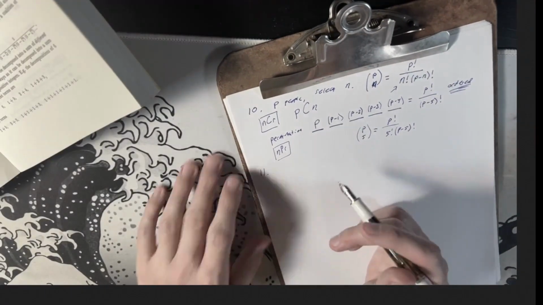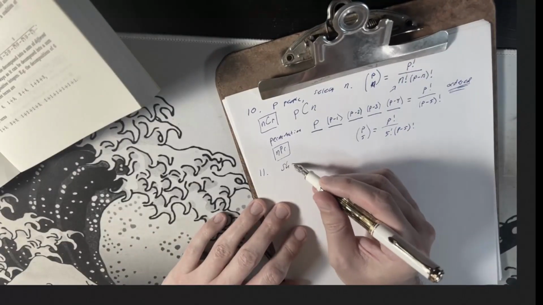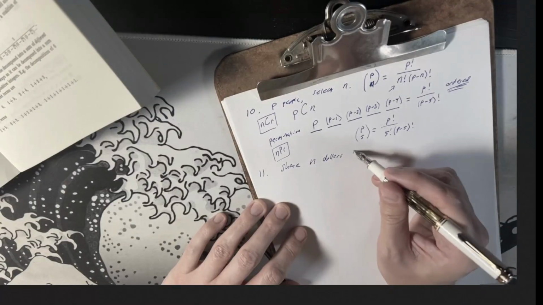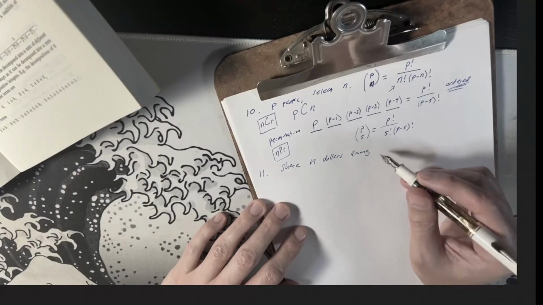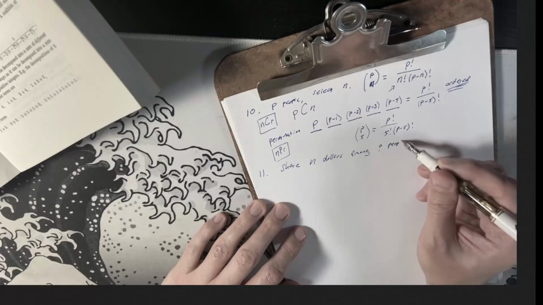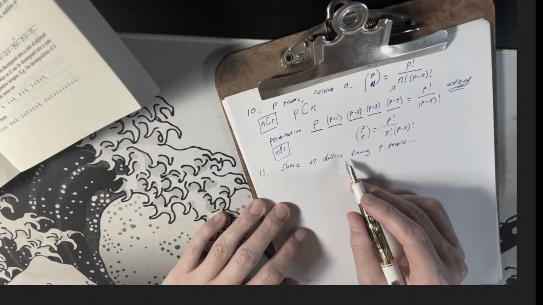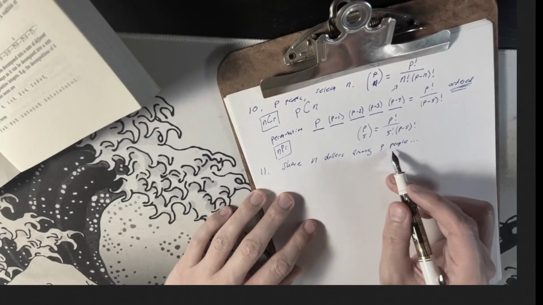Now on to the part that I don't remember. There's P people sharing N dollars among P people. Huh. Wait a minute. Well, no, it's okay.